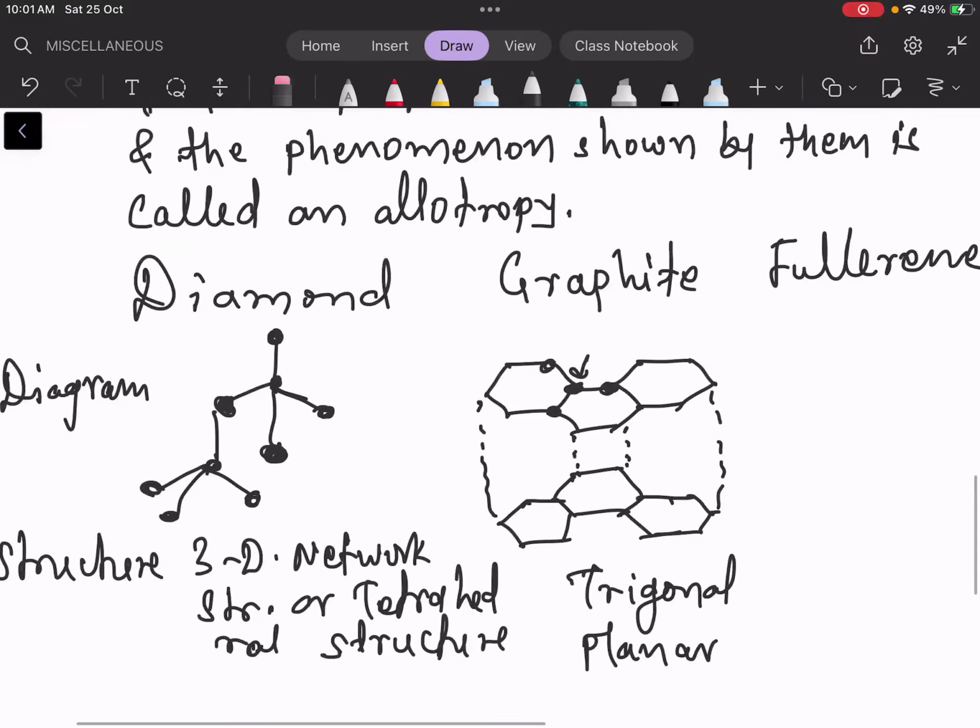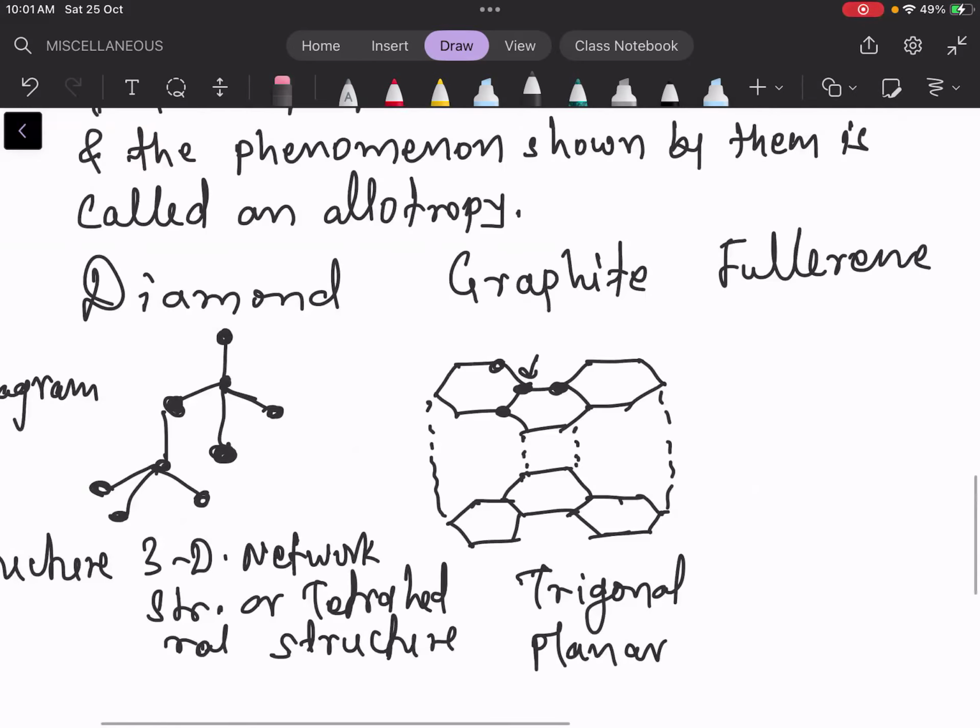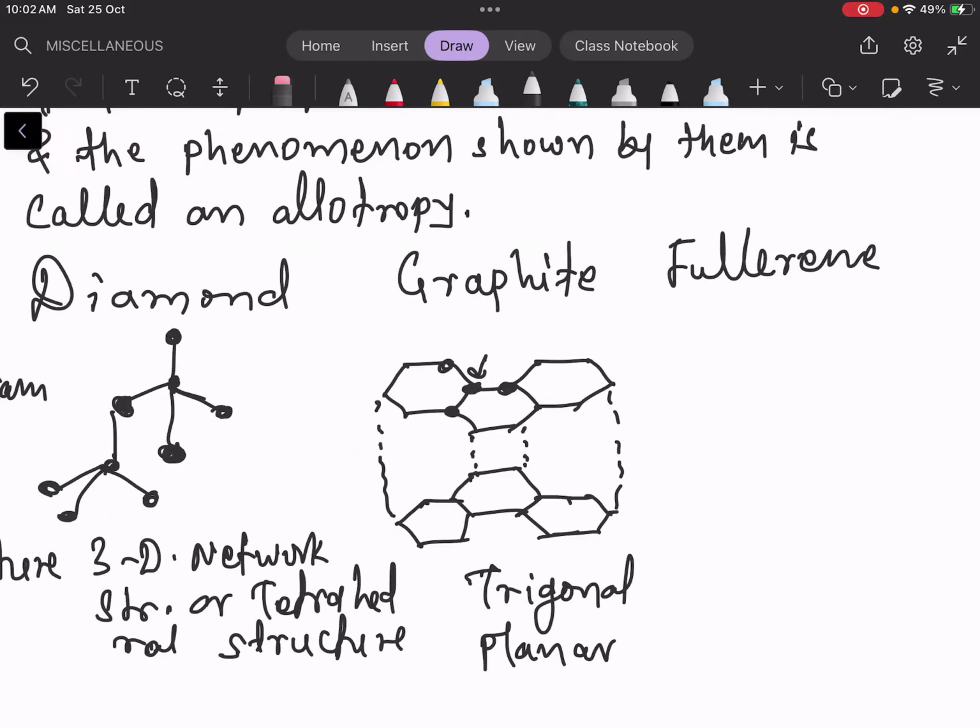Then fullerene has a football-like structure. In brief, it is a spherical structure in which there are certain hexagons and certain pentagons.